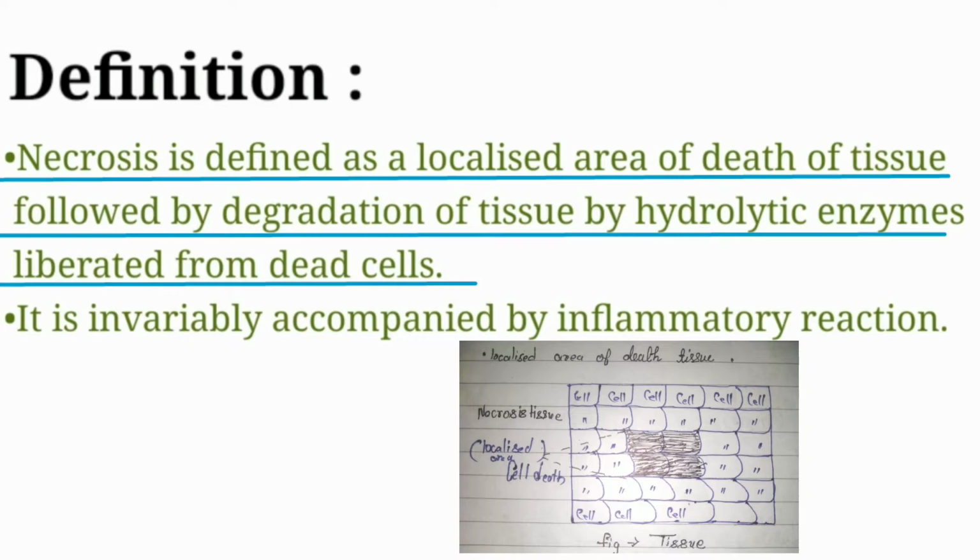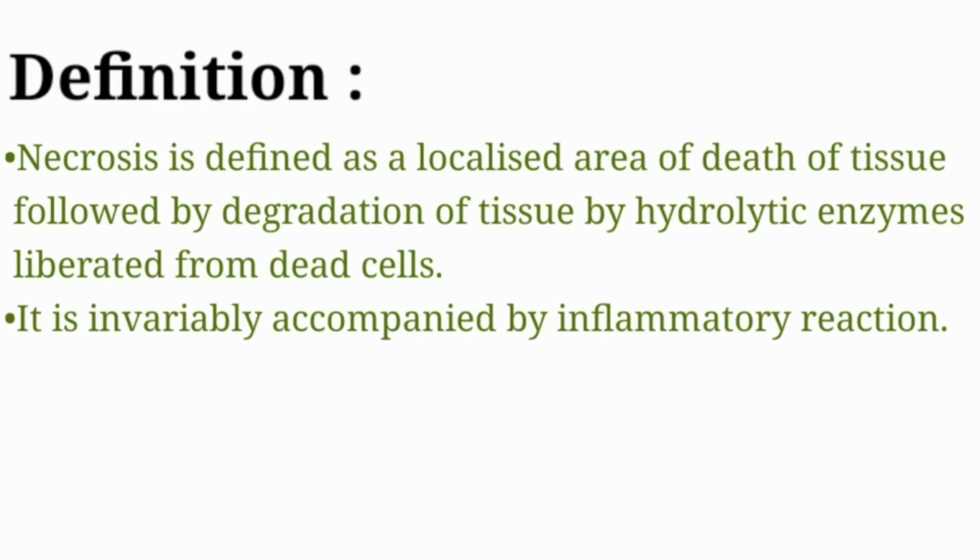These hydrolytic enzymes degrade the localized area of necrosis by liberation from the dead cell. Necrosis is invariably accompanied by inflammatory reaction. It means whenever necrosis occurs in tissues, an inflammatory reaction occurs also.